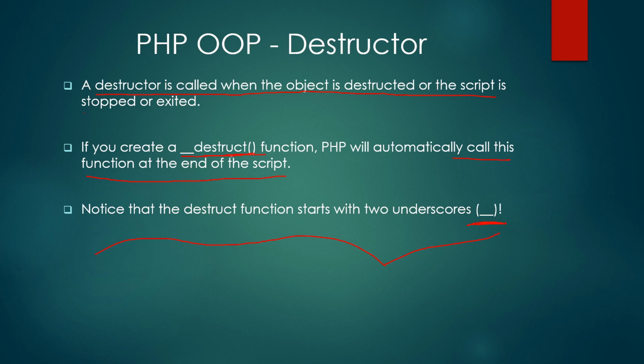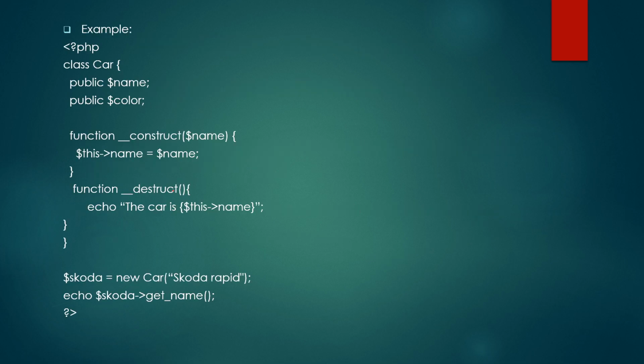So the syntax is similar to that of the construct function. Both constructor and destructor will be invoked automatically. Just the thing, destructor will be invoked at last, when the execution is about to complete. Okay, so let's see the code.